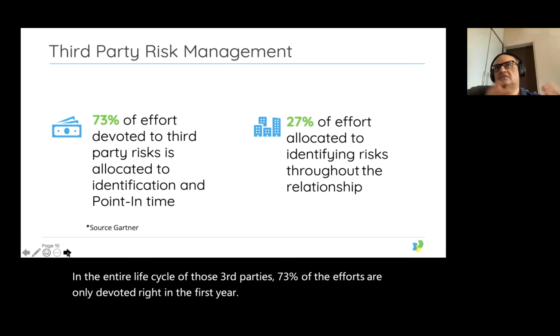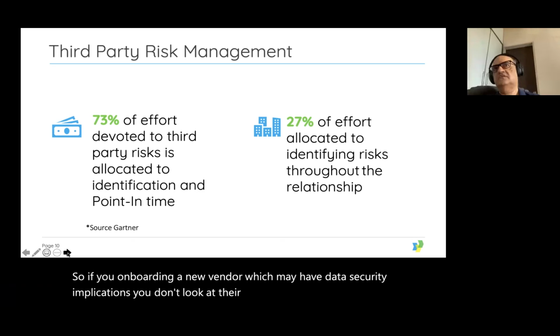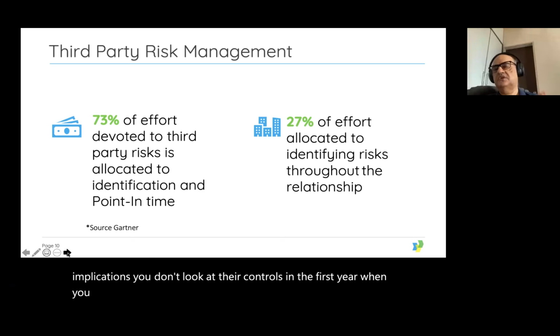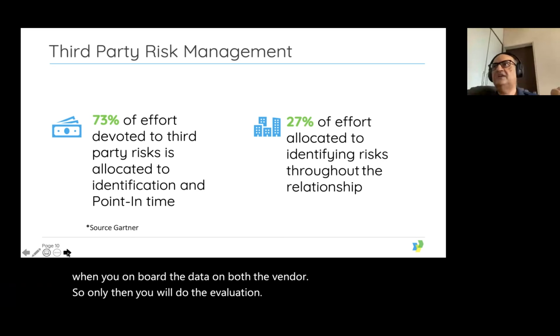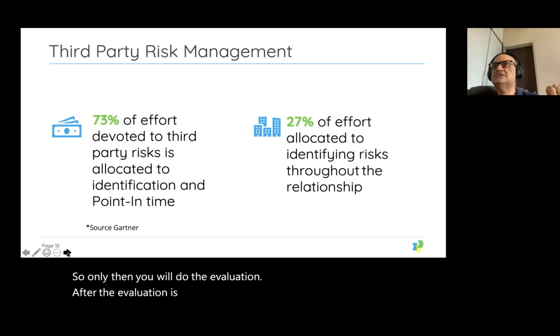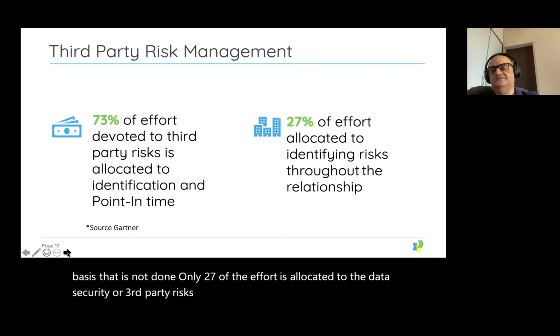So if you're onboarding a new vendor, which may have data security implications, you would only look at their controls in the first year when you onboard the vendor, right? So only then you will do the evaluation. After the evaluation is done, on a year-to-year or periodic basis, that is not done. Only 27% of the effort is allocated to data security or third-party risks across the vendor lifecycle, right?